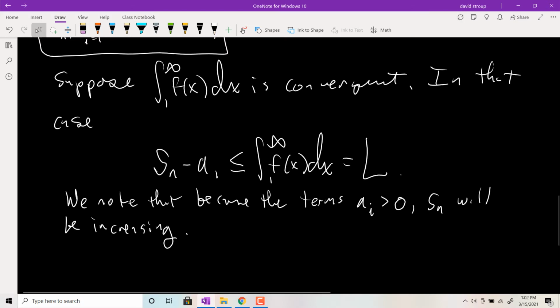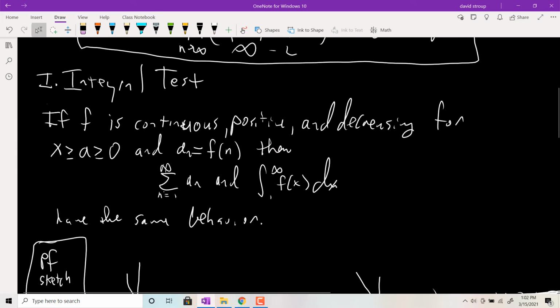One of our conditions for this to work was that f has to be continuous, positive and decreasing, but that positive part is what's helping us right now. If f of x is positive, then a sub n will be positive because f of x is positive for all x greater than or equal to this a. So a sub n must also be positive. Maybe I shouldn't use an a there. I should have just used b or something. But all the terms would be positive.